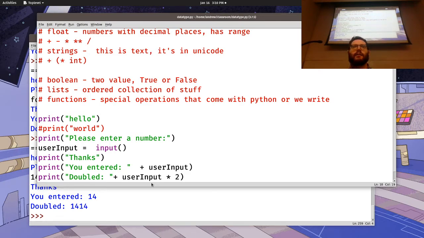How could I convert a string into a number? Int, right? There's one for each type, so int is the special command that will take something, and if it can, it's going to convert it into an integer. And if it can't, it's going to throw a hissy fit at us, right?